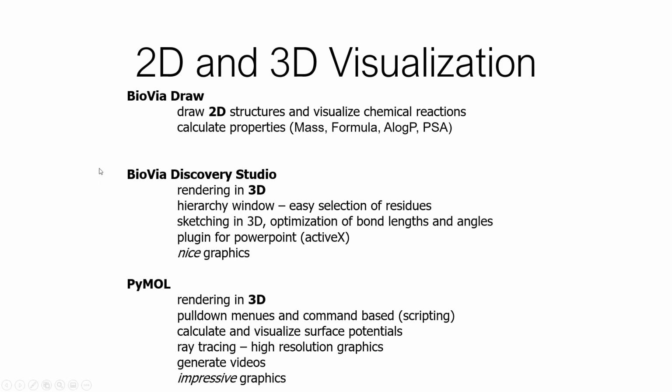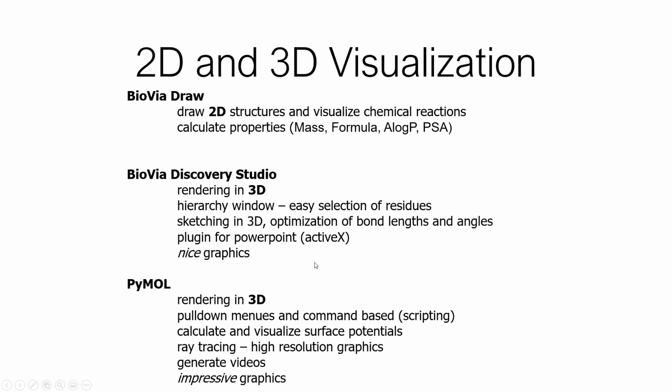But if you just want to look at structures and figure out how, for example, a ligand binds to the active site, I would recommend using BioVia Discovery Studio, which is really easy to use, and you can manipulate your model and click at different amino acids to visualize it. So Discovery Studio is really easy to use. But if you're used to PyMOL, it's much more powerful, and you have much more possibilities in PyMOL.